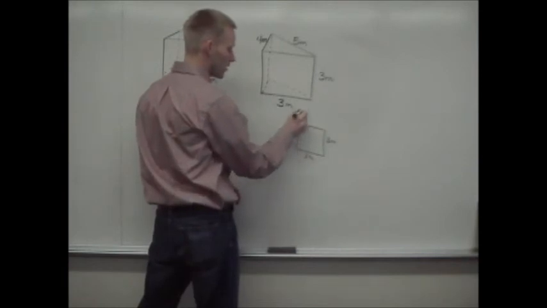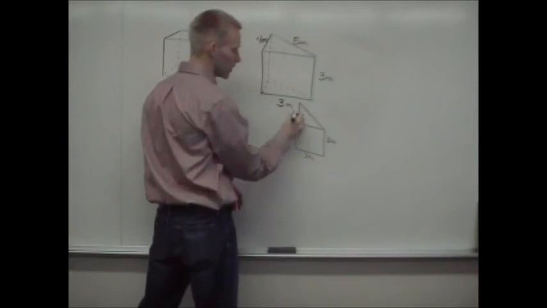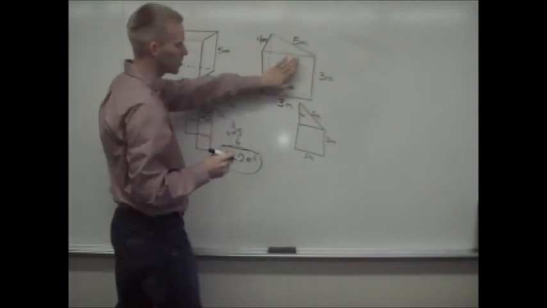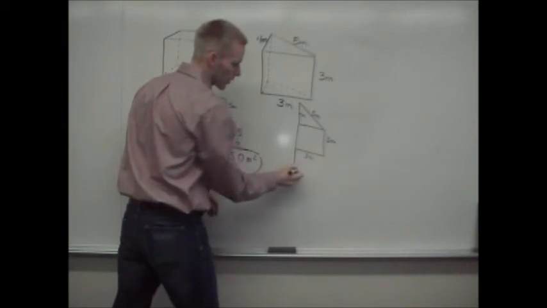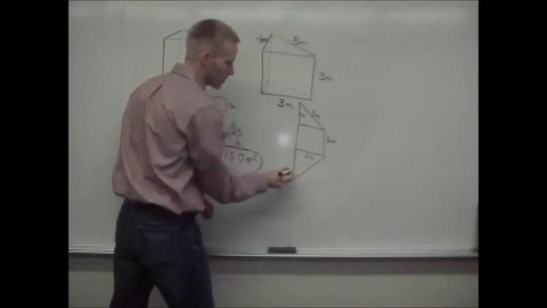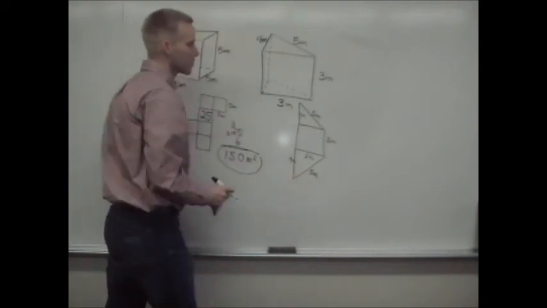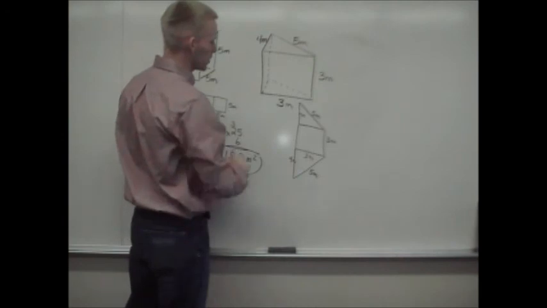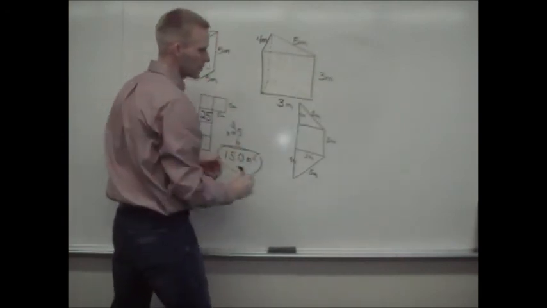Oh, let's see. That's going to be something like this. This is also connected to the bottom, which is another triangle. And this front is connected to the back, which it looks like is going to be a 5 by 3.